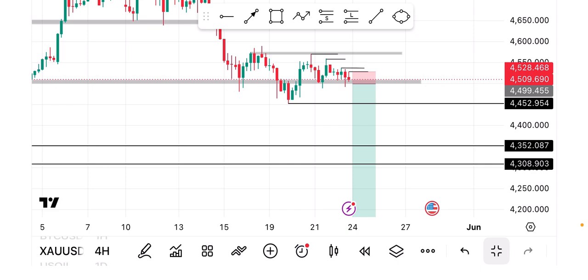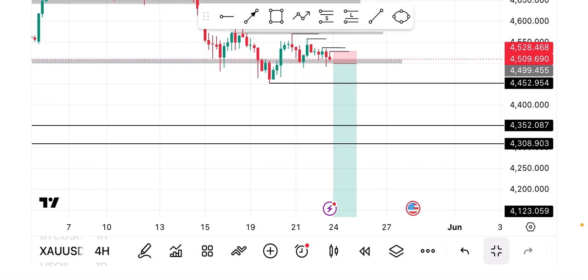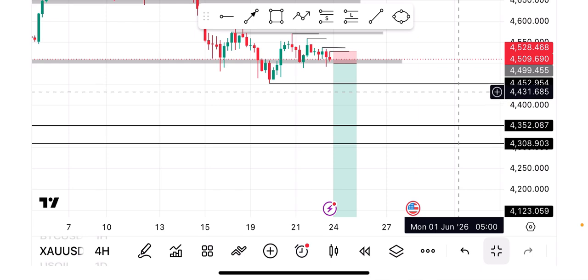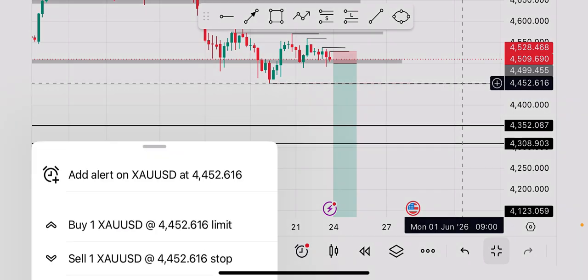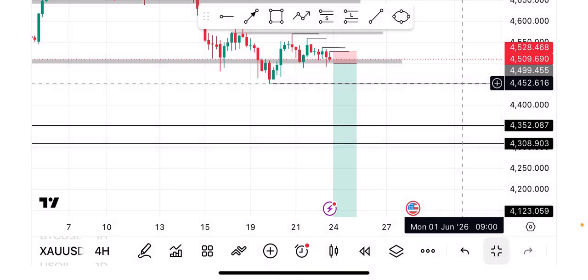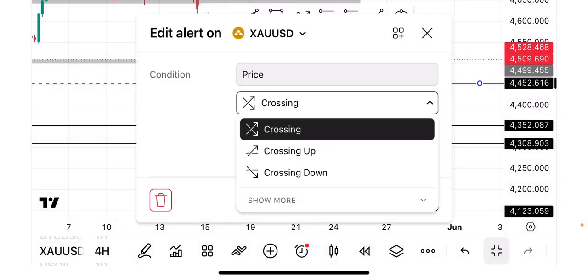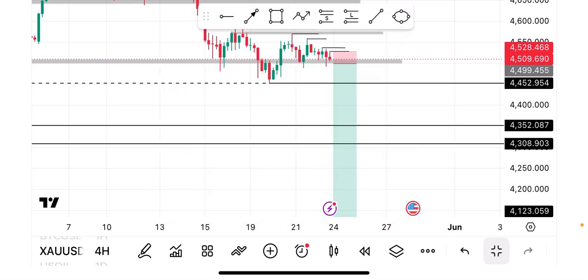So what I want to do, if I were you, is to set my alert, okay? Instead of putting your TP, you're going to set your alert, price crossing down, save.